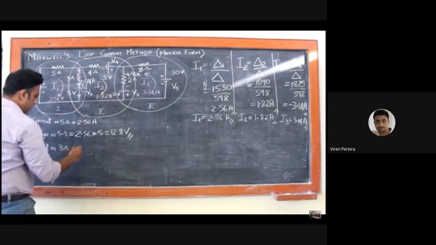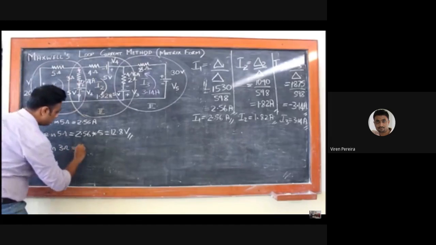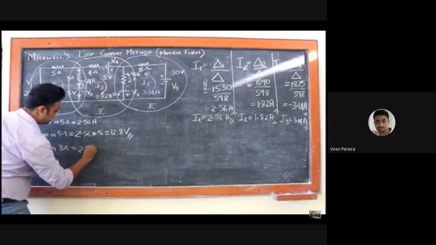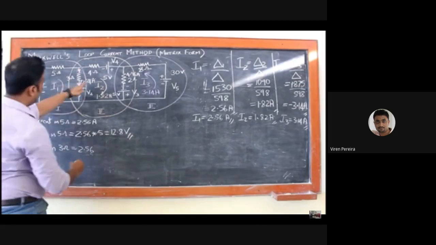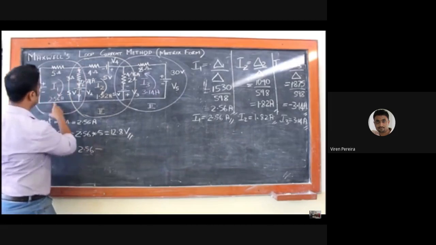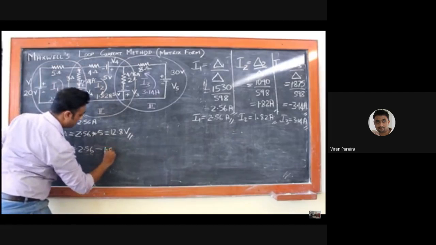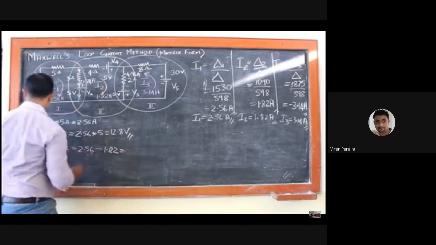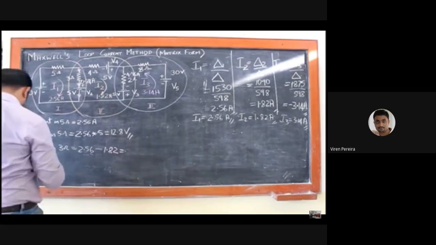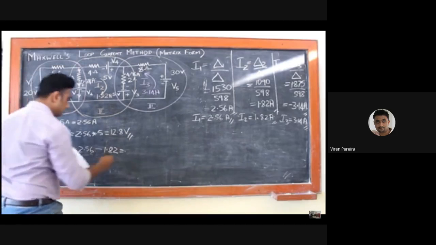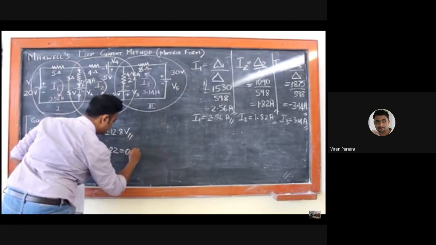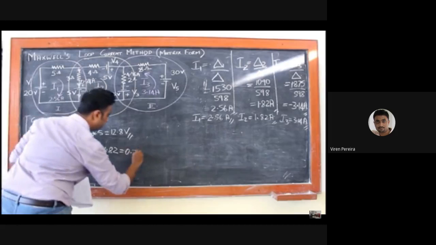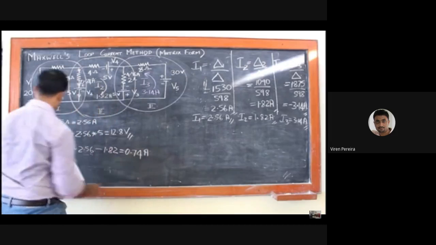So it will be 2.56 minus 1.82, which is equal to 0.74 amps.